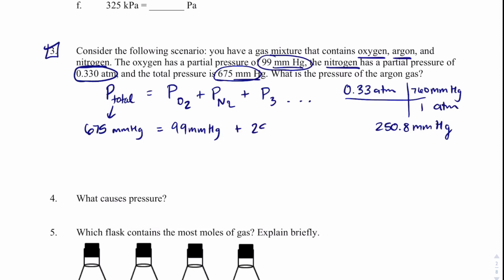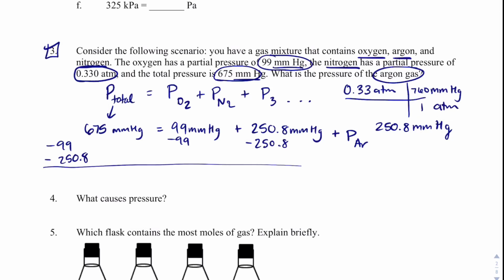And nitrogen was 250.8 millimeters of mercury. And then our third pressure, that's unknown, that's going to be argon. So P of argon, I'm going to subtract 99, and I'm going to subtract 250.8 from each side. And when I do that, I get 325.2 millimeters of mercury, and that's the pressure of just the argon gas.